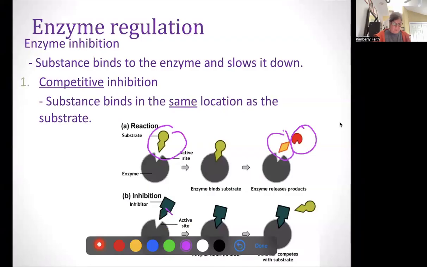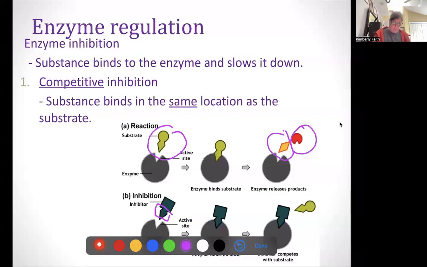Notice that this shape is pretty much the same thing. So it fits in and it's going to sit in there for how much time. And it's going to block the substrate that's supposed to be in there to make that product.